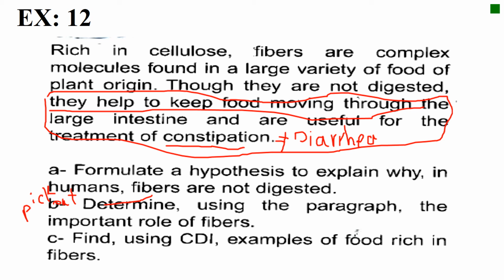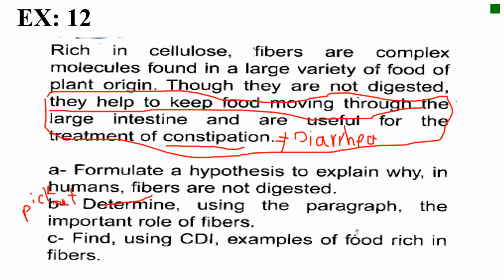This is the answer: to keep food moving through the large intestine and are useful for the treatment of constipation. So this is the answer that should be written down for part B. So their role is to help food keep moving through the large intestine and they are useful for the treatment of constipation.